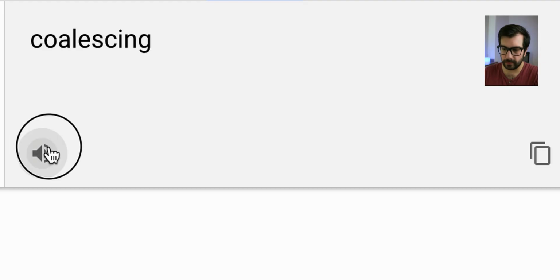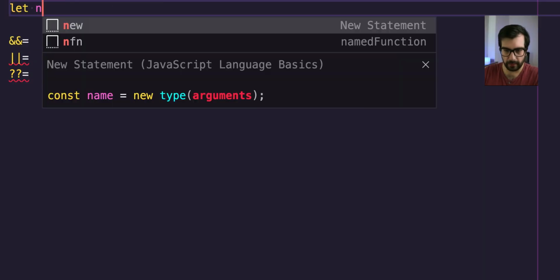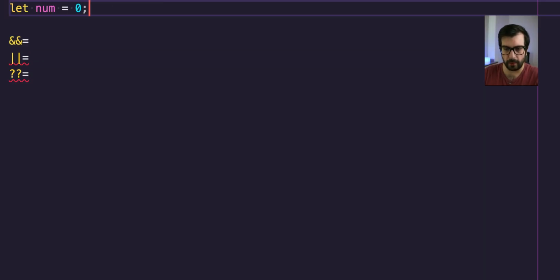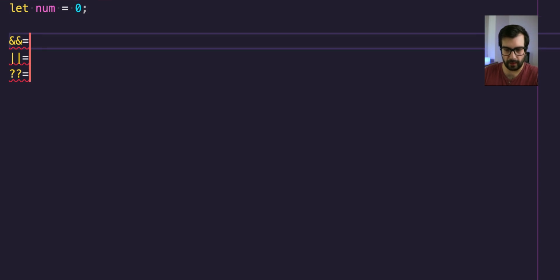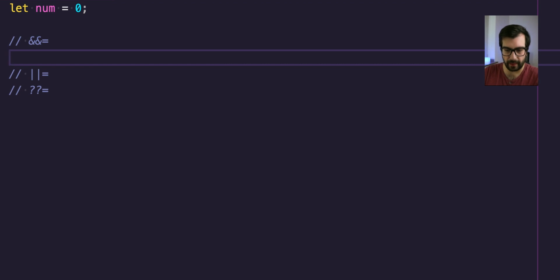There are basically three different logical assignment operators: the logical AND assignment operator, the logical OR assignment operator, and of course the Nullish coalescing assignment operator. So let's create a variable num equal to 0 and see first the logical AND assignment operator.